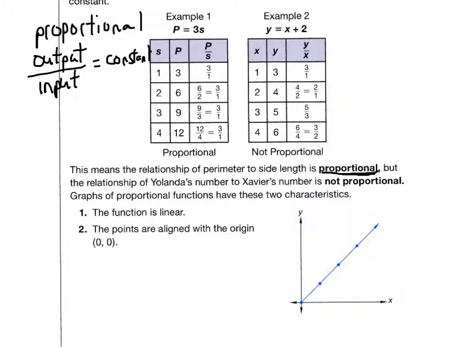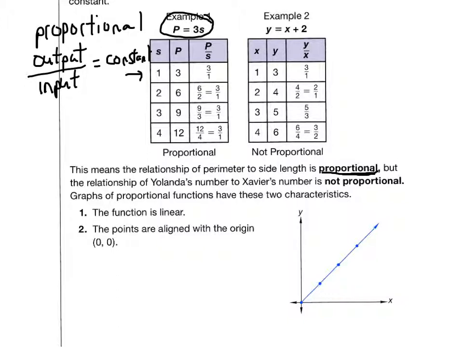So look at the example, and you don't necessarily have to write all of this down, but I want you to just try to understand it. So look at this. This is the perimeter equals 3 times the side, the one we did in the first example.